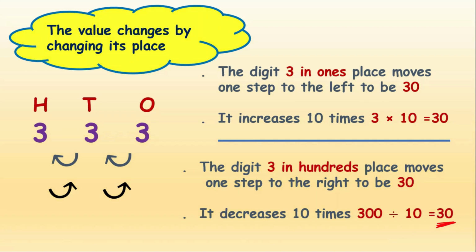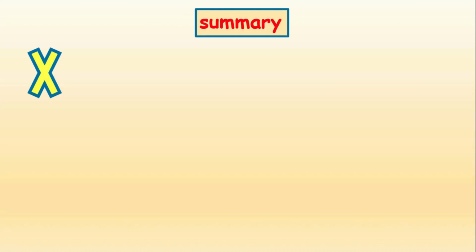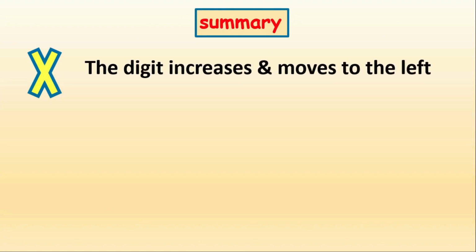يعني summary لكل الكلام ده واختصار هيخلينا هو نحل الأسئلة. إنه by multiplying the digit increases and moves to the left. يعني by multiplying by 10 the digit increases and moves one step to left, and when multiplying by 100 the digit increases and moves 2 steps to the left.